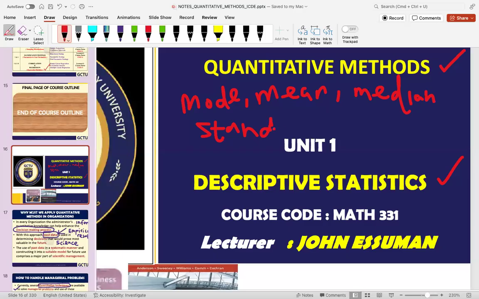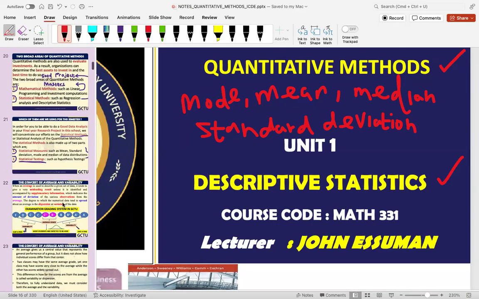Don't worry if you don't remember them. We'll look at a few of them. But this is the fundamental point we have to start from. So mode, mean, median, standard deviation, and so on and so forth.